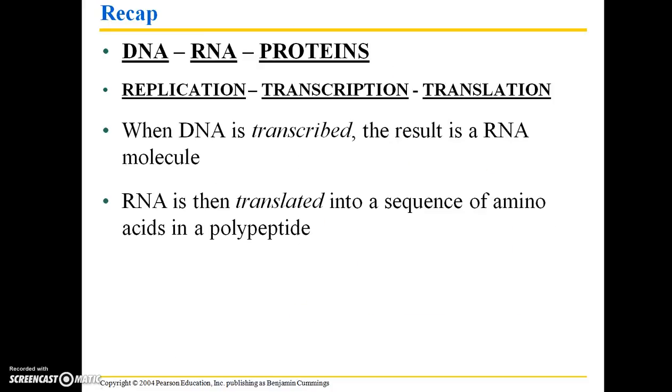So as a recap, DNA is the molecular basis for the instructions for all living organisms. But in order to get a fully functioning organism from that blueprint, we need RNA as the middleman for the transcription process, and then we also need proteins to be translated from that RNA molecule.